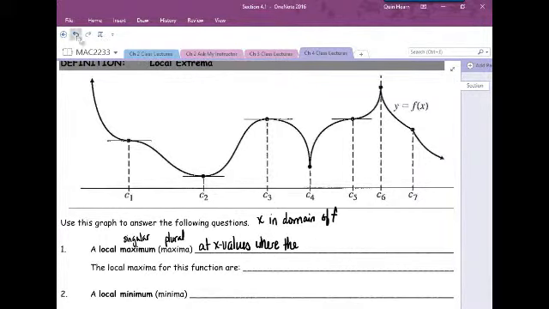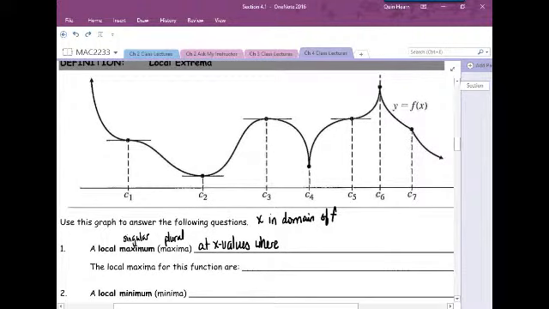Instead of saying the function, I'm just going to say where f, this function's called f in this case, changes from increasing to decreasing.